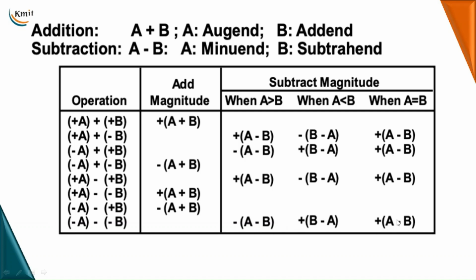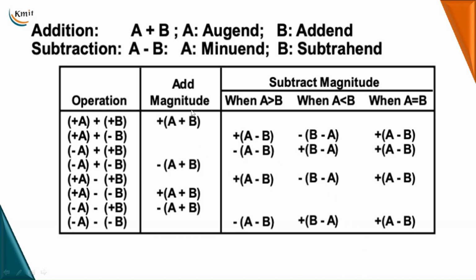When both operands are equal, I perform A minus B, and since both are equal, I get a subtraction result of 0. So I have to give a positive sign, so plus. This is the algorithm for performing addition and subtraction operations on sign magnitude data.